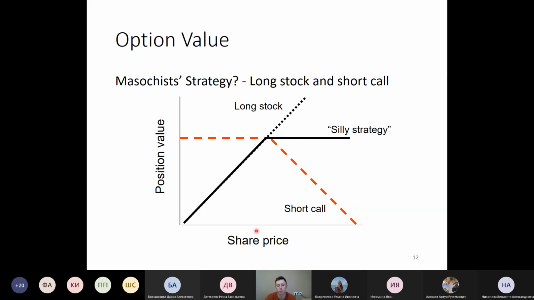If the stock price goes up, then you have an obligation to sell it at the exercise price, and you lose all the gains that you might have from the appreciation of your stock. So this kind of strategy makes no sense. And it is here to illustrate that you should be careful when combining your assets. So some of them make sense, others are very, very irrational.